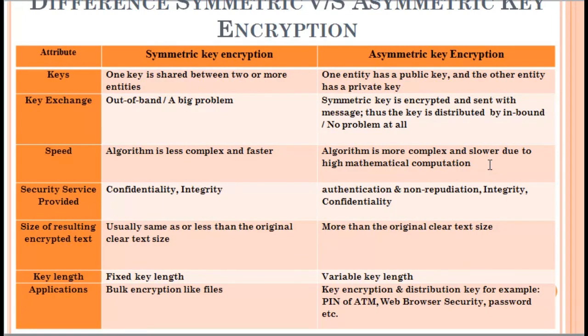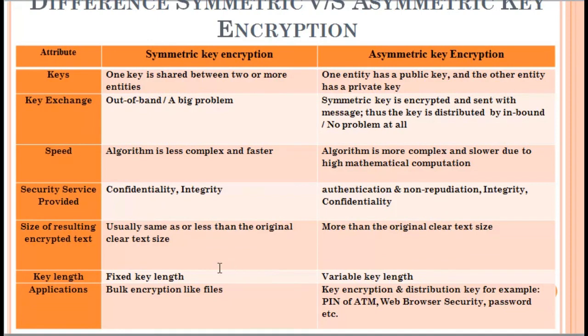When we talk about security services, symmetric key encryption provides confidentiality and integrity, but asymmetric key provides authentication, non-repudiation, integrity and confidentiality services. Size of result: in symmetric key encryption, the size of the result is similar or less as compared to the original message, but in asymmetric key encryption the size of the result is always or most of the time larger than the original message.